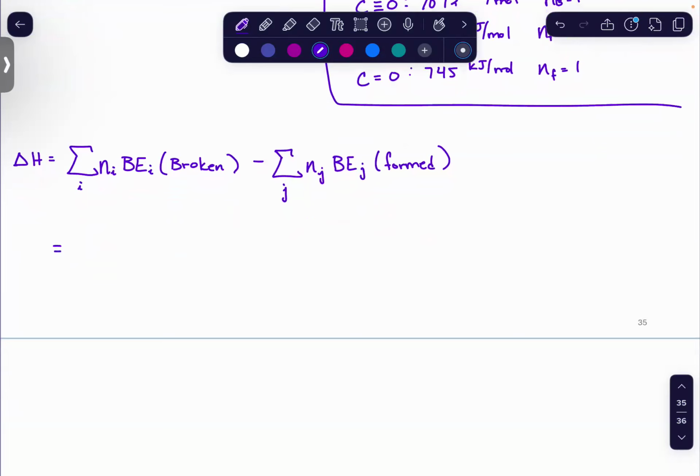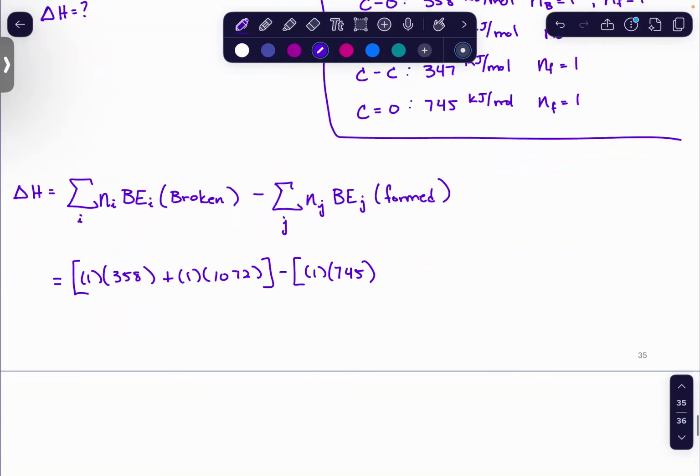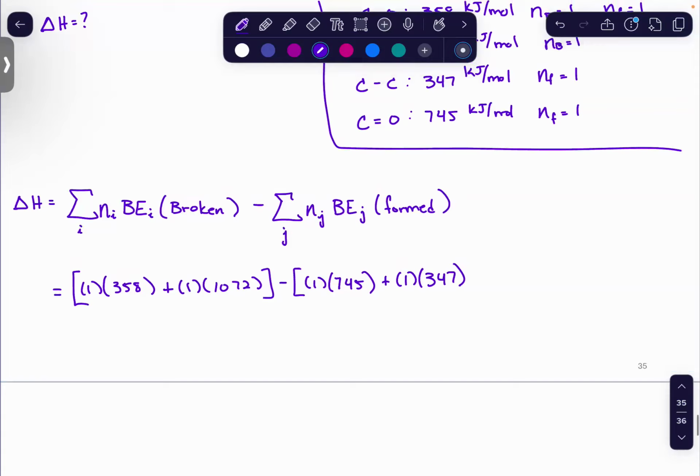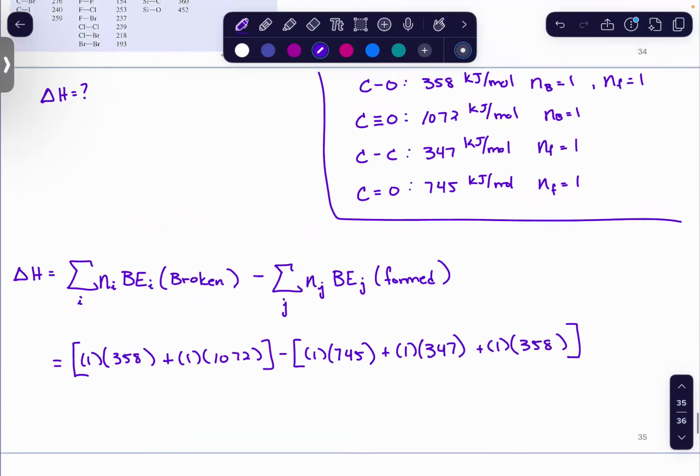When I take all the numbers I just brought down, 1 mole times 358, that is the broken C-O bond, plus 1 mole times 1072 for the broken C-O triple bond, minus 1 mole times 745, and that's the formed C-O double bond, plus 1 mole times 347, that is the formed carbon-carbon bond, plus 1 mole times 358, and that's the formed C-O single bond.